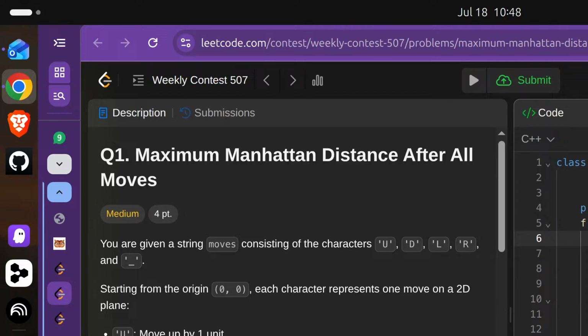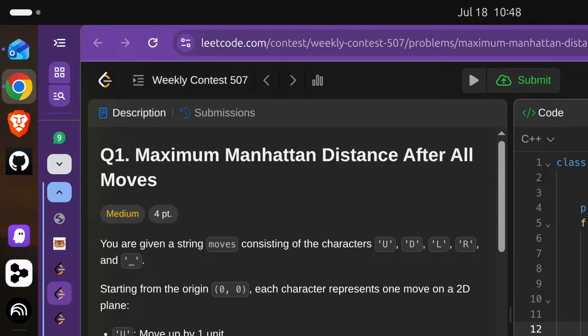Else, if I am going up, return f of moves comma i plus 1 comma x comma y plus 1.